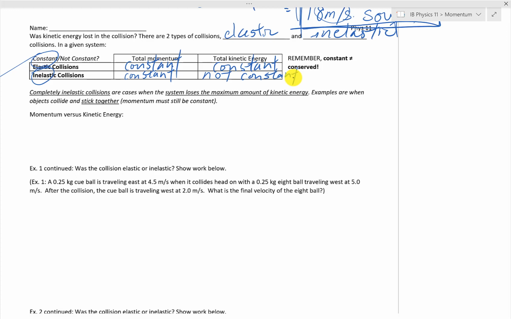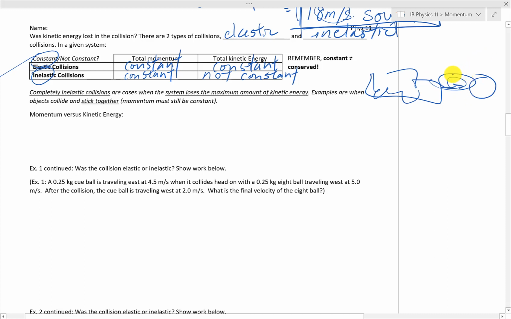Examples of inelastic collisions are, let's say, a car crash. A car comes in and crashes into something else, and they get stuck together, or they rebound off, one going one direction, the other going another, or they stick together and just go forward in a ball moving forward.